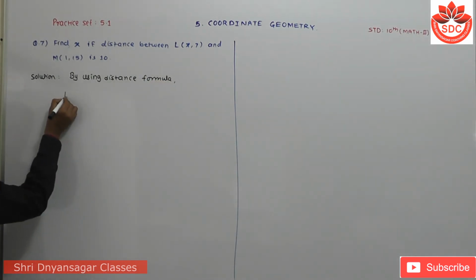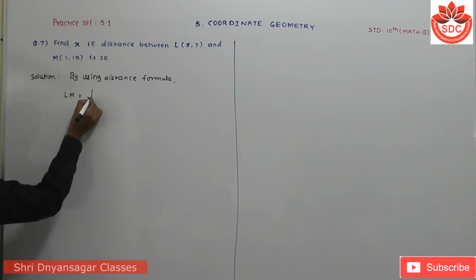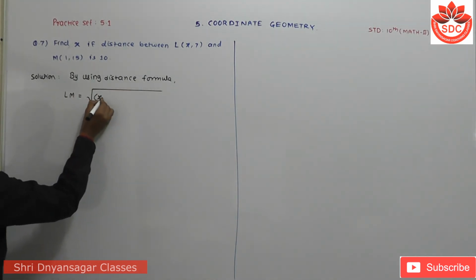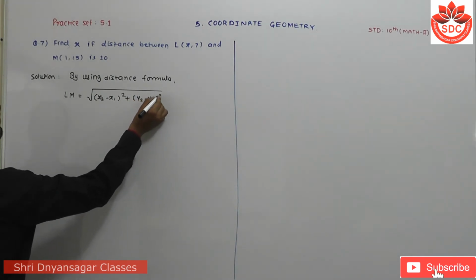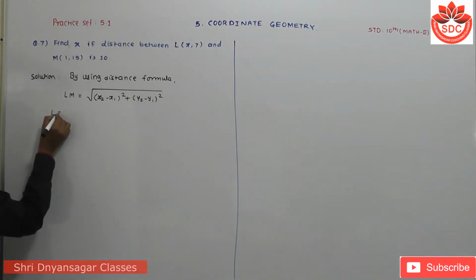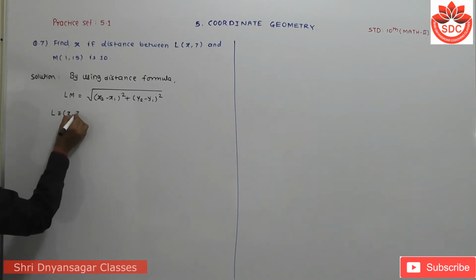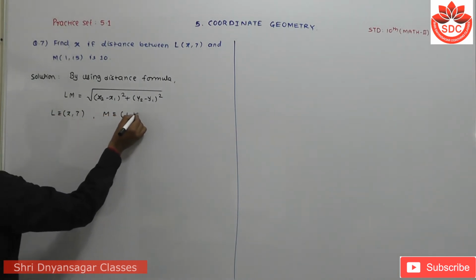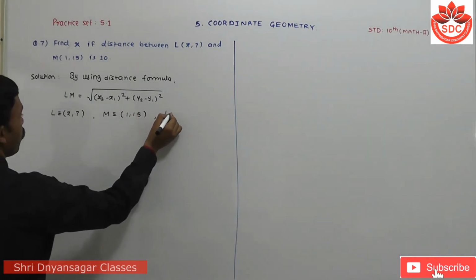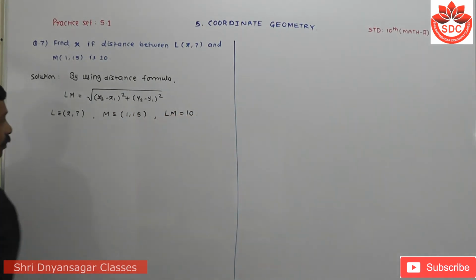Here we have to take the distance of LM. This is the square root of (x2 minus x1) whole square plus (y2 minus y1) whole square. Now L has coordinates (x, 7) and M has coordinates (1, 15), and the distance of LM is how much? 10.